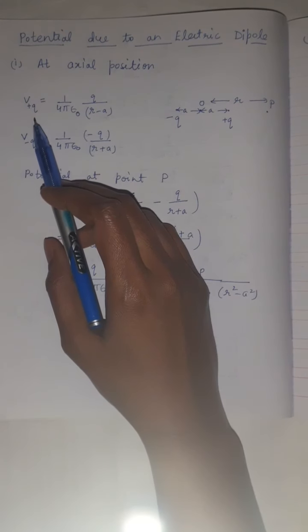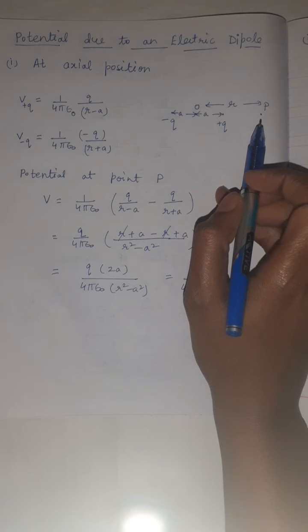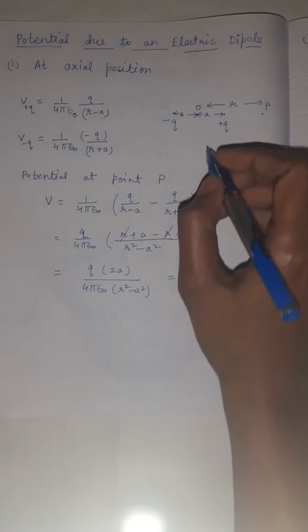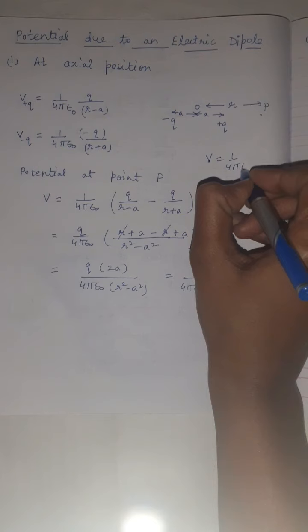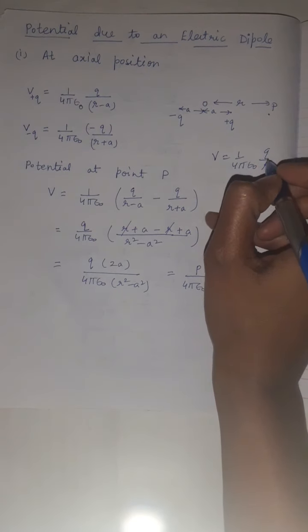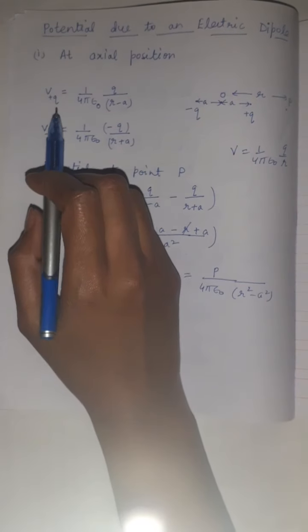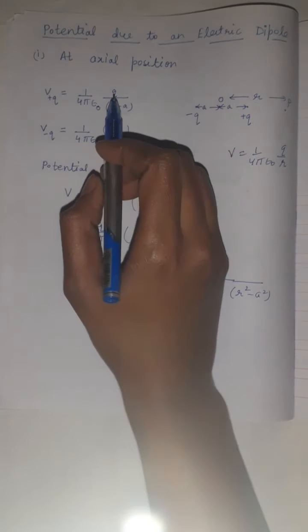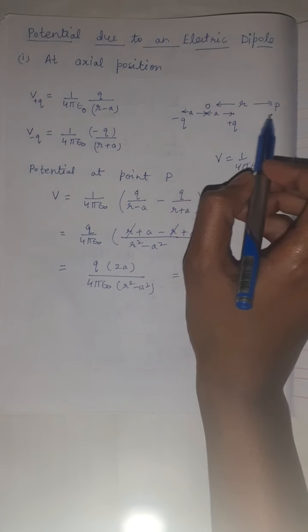Now we will write the potential due to the plus q charge. This is the plus q charge, and due to this charge we will write the potential at point P. So the general formula of the potential is V equals 1 upon 4 pi epsilon naught q upon r. So with the help of this formula, potential due to plus q charge is V plus q equals 1 upon 4 pi epsilon naught, q is the value of charge, and what is the distance of P from this plus q charge?